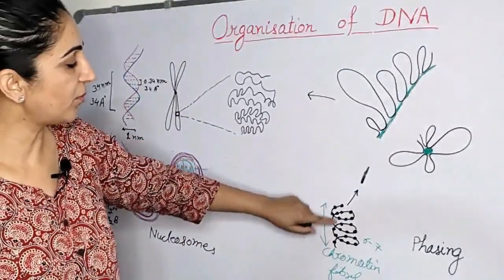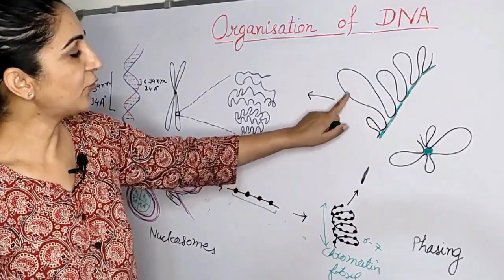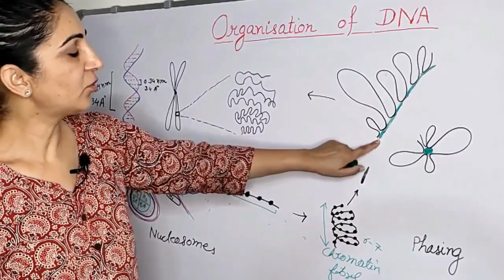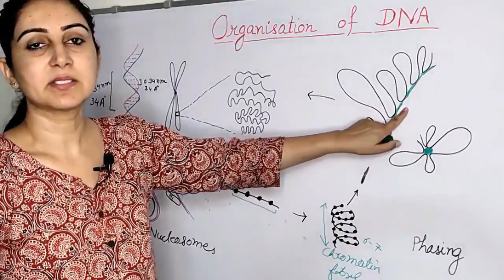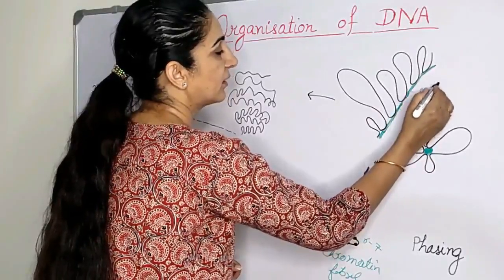Now this chromatin fibril gets attached in the form of loops to the nuclear matrix scaffolding. This is the scaffolding.